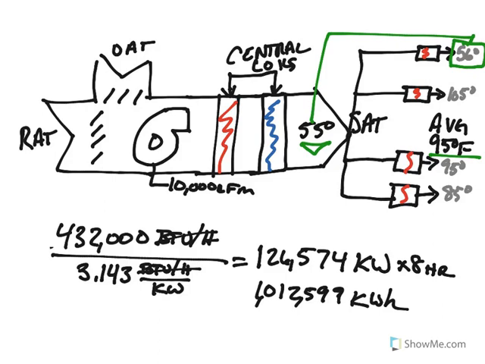What you need to start getting to the point of is putting things into context and realizing the weight and the size of the units that you're dealing with. So if you're using over 1 million kilowatt hours for 8 hours, you can start saying, okay, well, what if this unit is running for 4,000 hours a year?